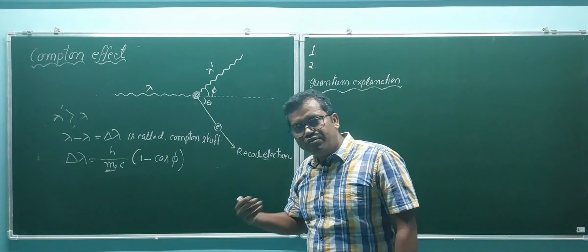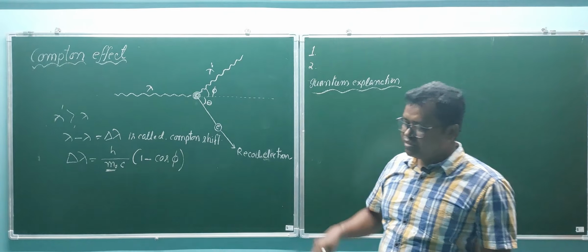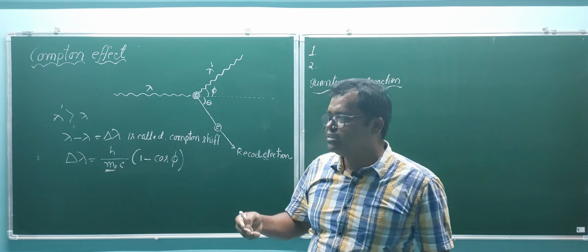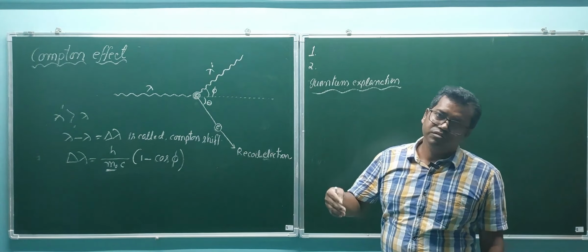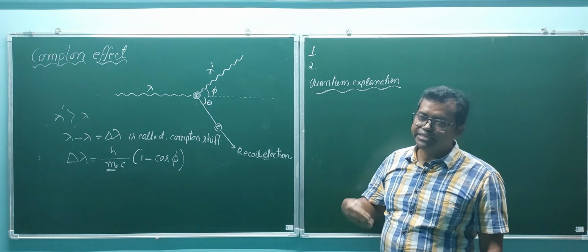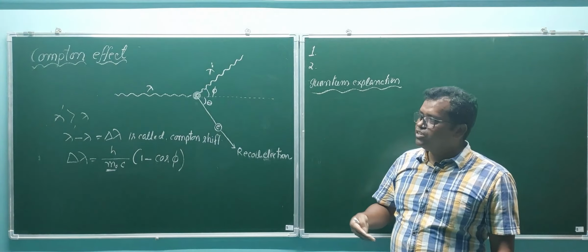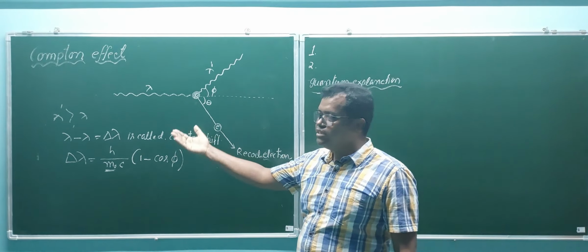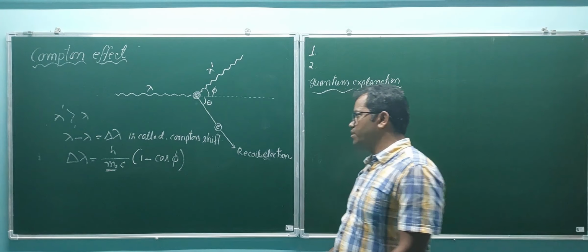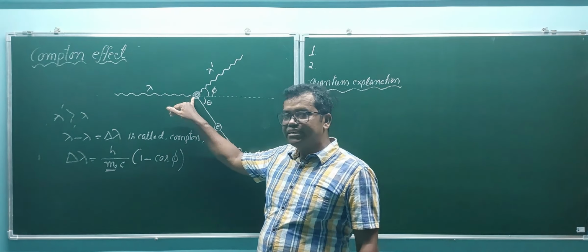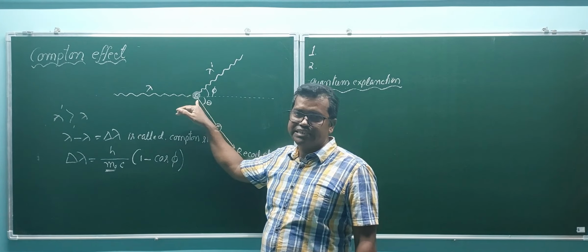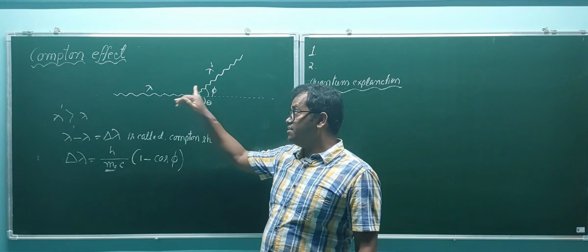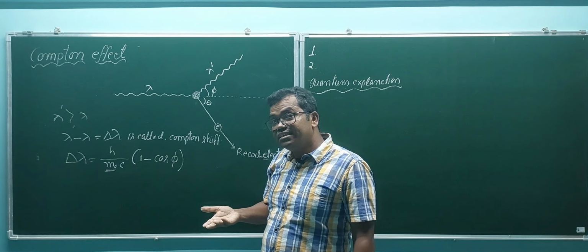And the quantum explanation: Compton was able to explain this phenomenon with the help of Planck's idea, by taking the particle characteristics of radiation. That is, radiation consists of photons. So when a photon strikes an electron, there is an inelastic collision.